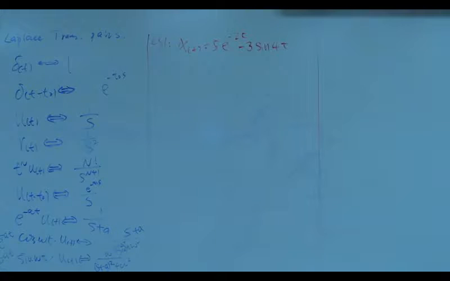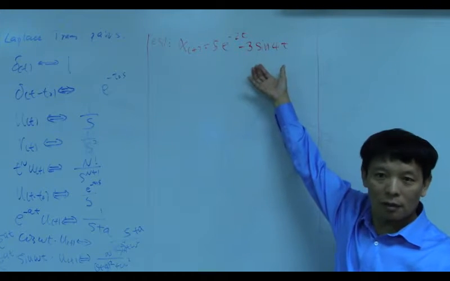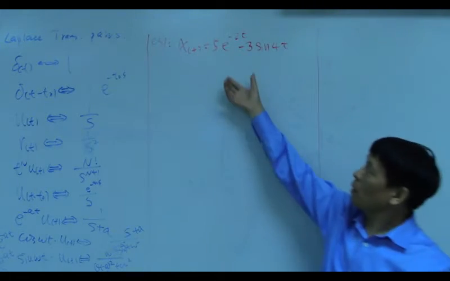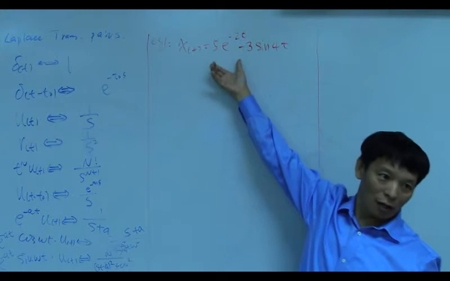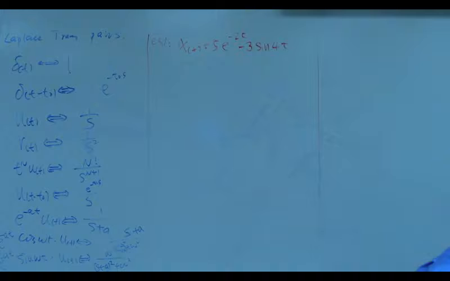Use the linear property, right? The input signal has two terms, this and this. So the Laplace transform of this is the Laplace transform of this plus the Laplace transform of this. You just break this into two parts, calculate the Laplace transform of each one, then add them up together. That's it.